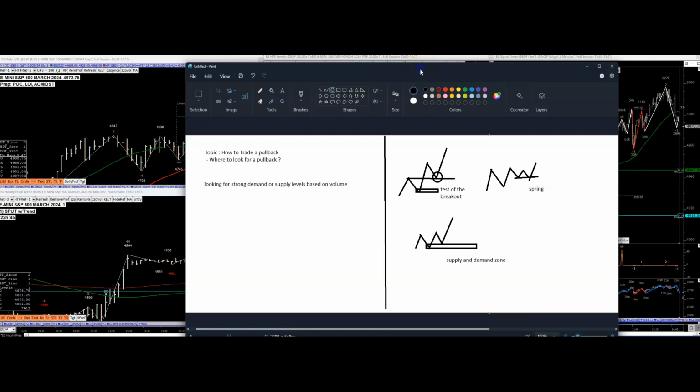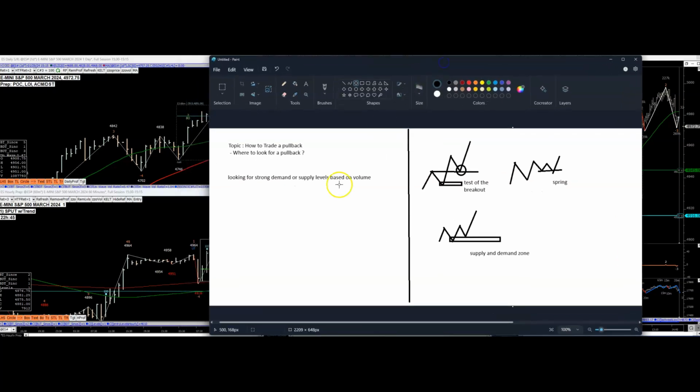So that said, we're looking for strong demand and supply levels based on volume. Why? Because that's where they bought. That's where they bought before. This is evidence.